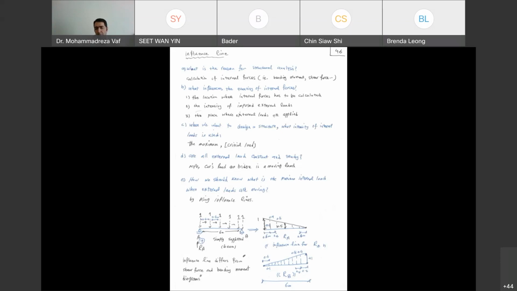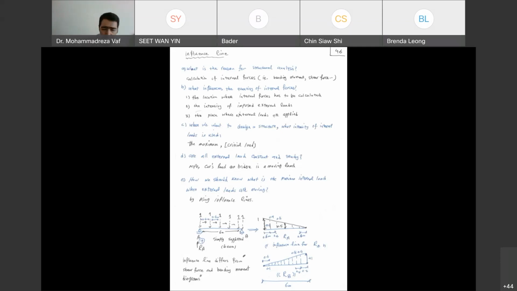So you can always say this is the place that gives the maximum bending moment. But if your load is moving, that location may not be valid anymore, because the moment the load moves, the location of maximum bending moment and shear force also moves.